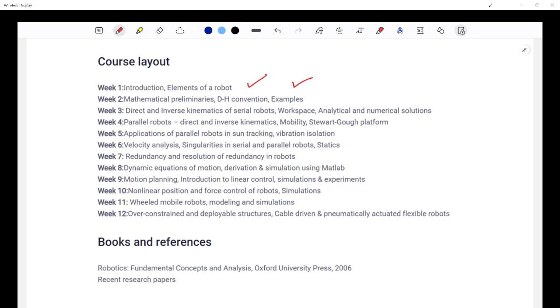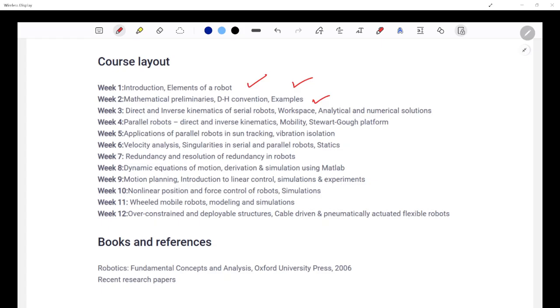But in kinematics of serial robots, we saw direct kinematics, we saw inverse kinematics. We came to know what is the difference between them, and how this inverse kinematics is difficult to solve. We often don't end up at a unique solution. Okay, so all of them we covered when we were talking about inverse kinematics of serial robots.